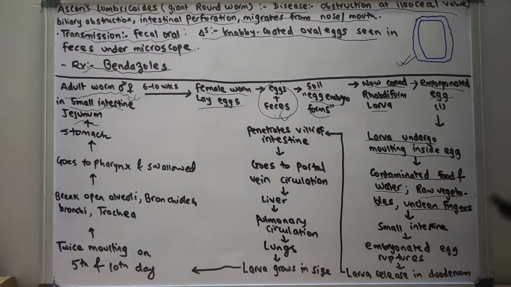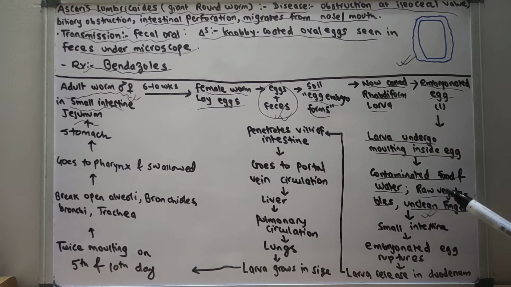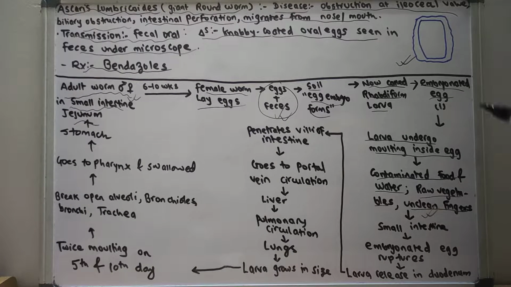So whenever we ingest those contaminated food and water, raw vegetables, or if there is autoinoculation by unclean fingers, or mechanical transmission, then that embryonated egg, in which the larva has already undergone molting, goes inside the small intestine.